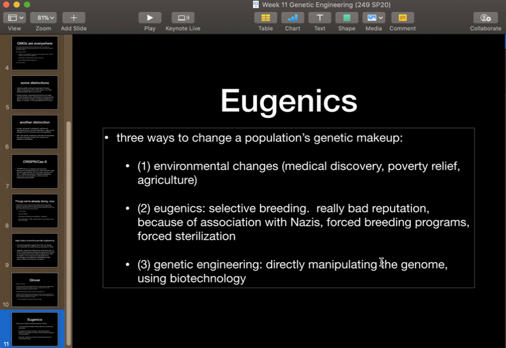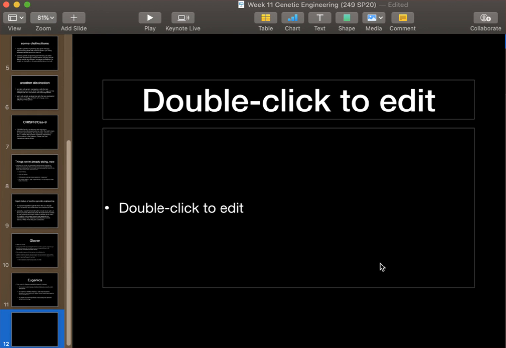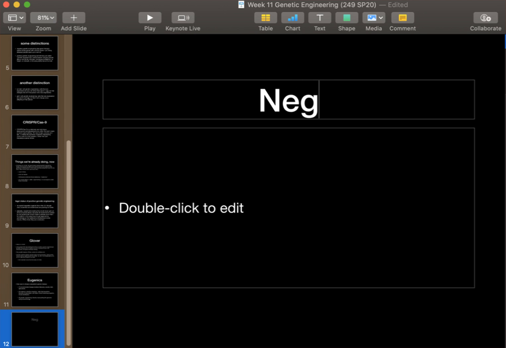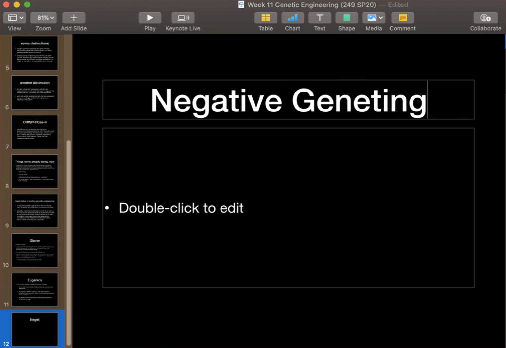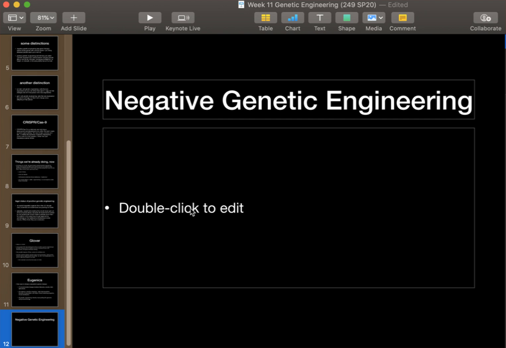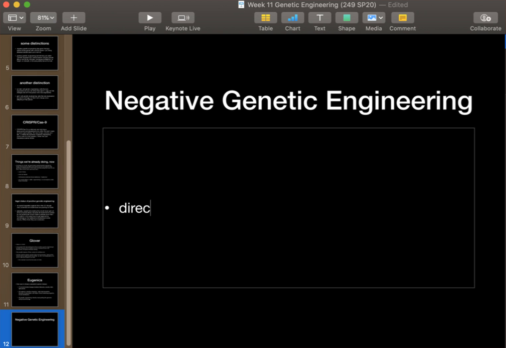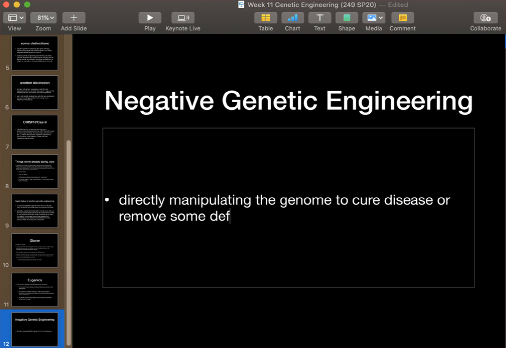Here's the reason that Glover wants to talk about eugenics: he wants to make a point about negative genetic engineering. Remember, negative genetic engineering was directly manipulating the genome to cure disease or remove some deficit, basically to bring the patient up to normal.